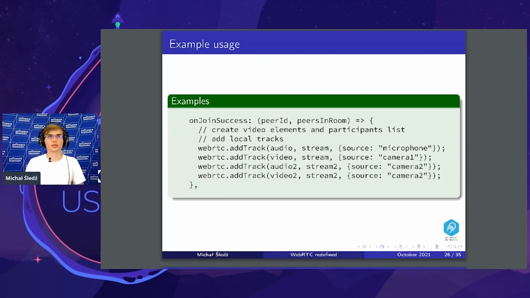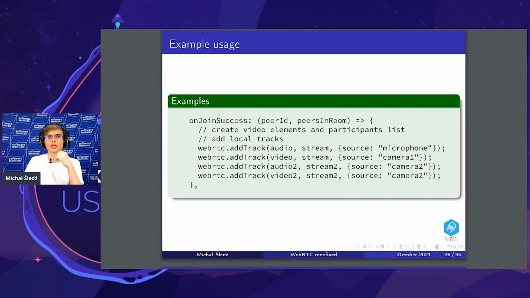Next, we have on join success. When we are accepted by a server, we can start adding our tracks. And you can see now how easy it is to add tracks and associate some metadata with them. Here we are adding two audio and two video tracks, and we are also associating some metadata to them. In this case, this is source, but this metadata can be anything.